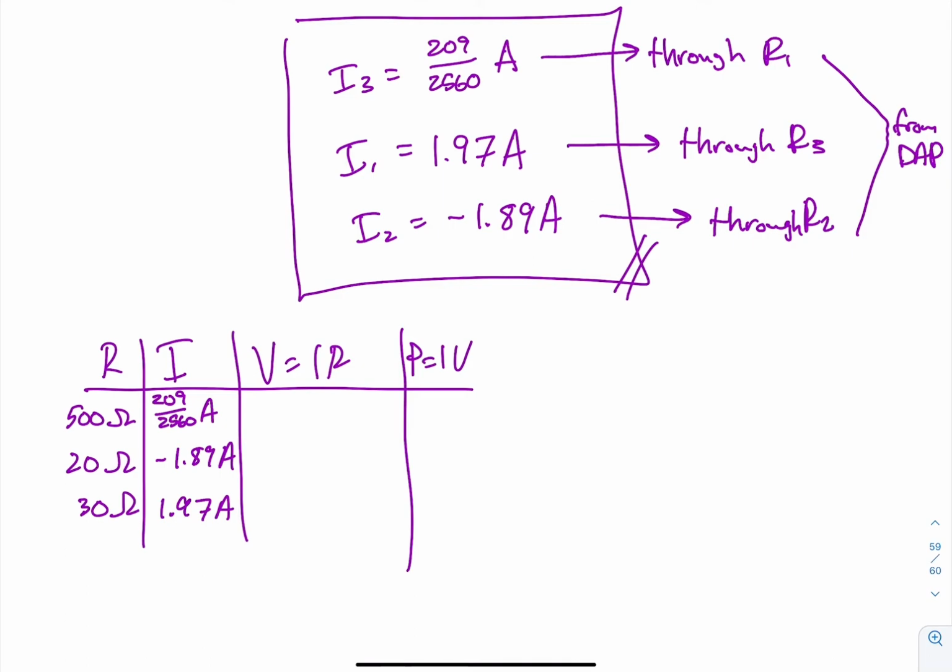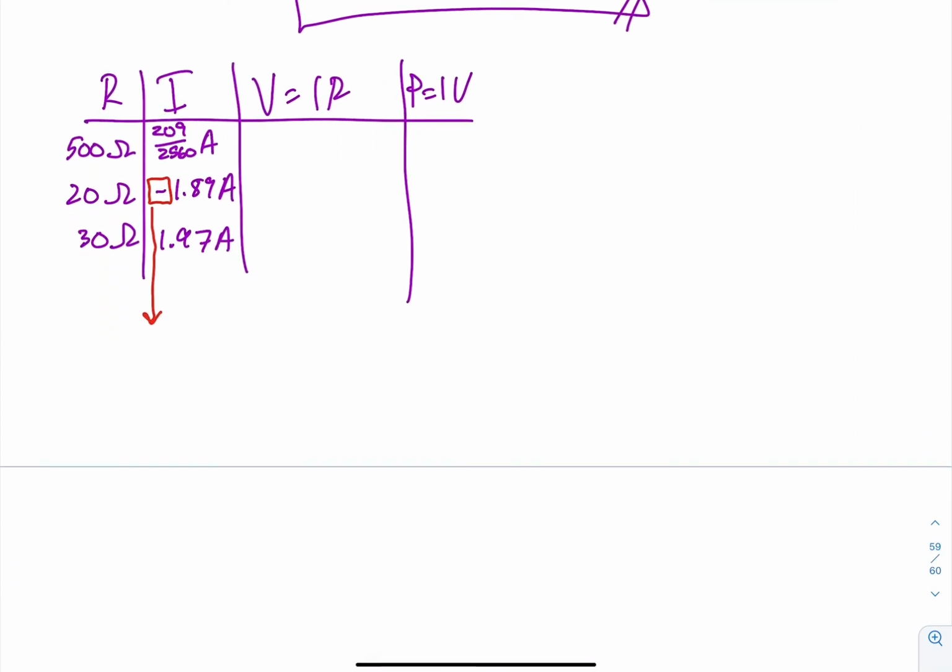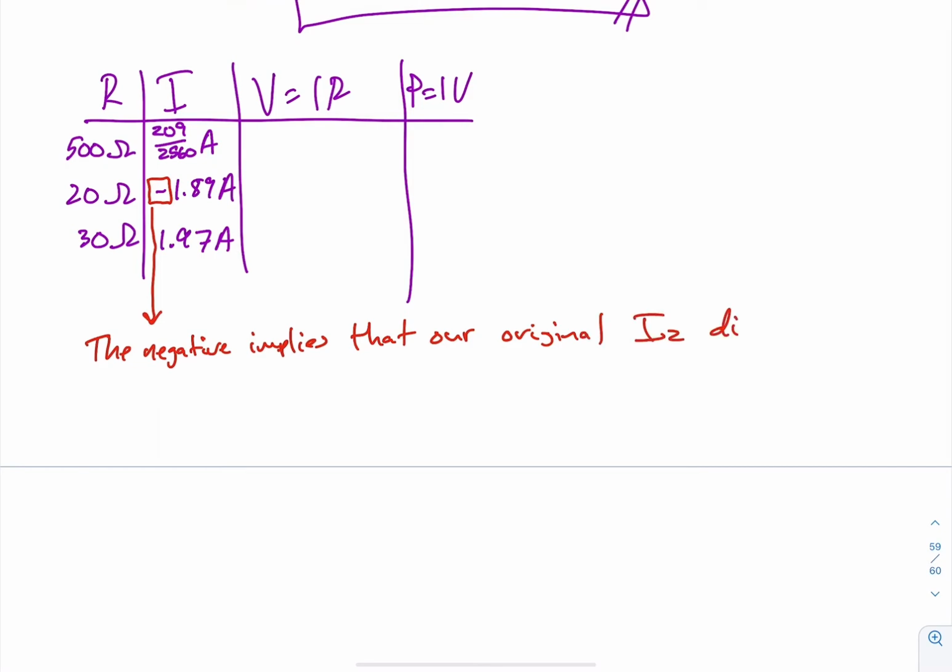And I would like to make a note here. This is important. The negative implies that our original I2 direction in our picture is incorrect.